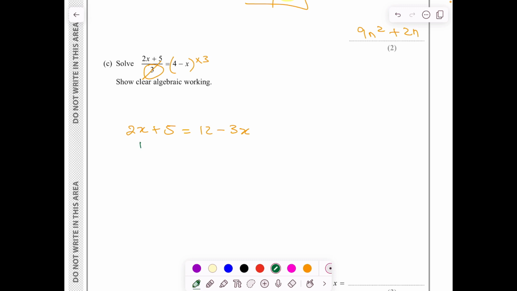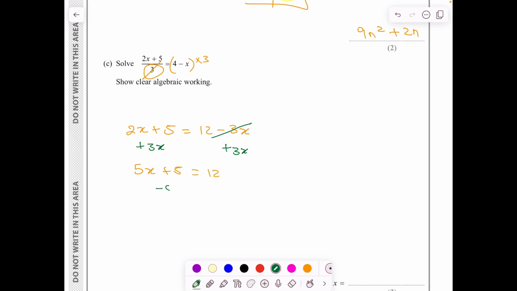I'm going to add 3x to both sides to get rid of the minus 3x here. And so I get 5x plus 5 equals 12.